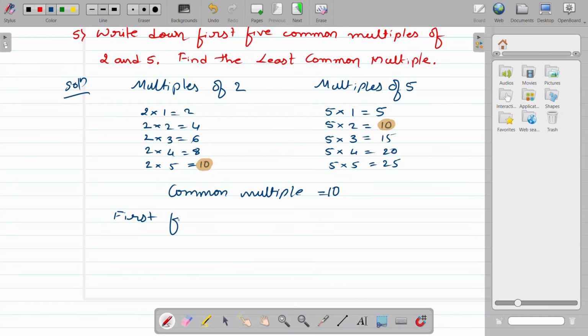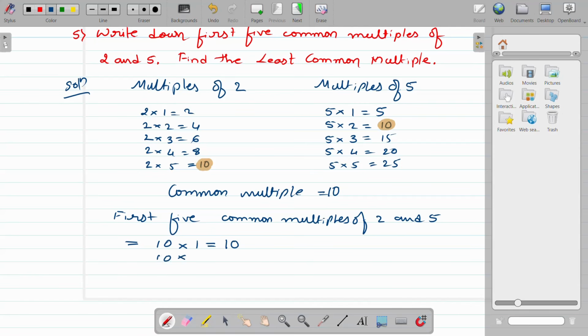First five common multiples of 2 and 5 is equals to, we got 10 as a common multiple. So we write it as 10 into 1, which is 10, which is the first common multiple.